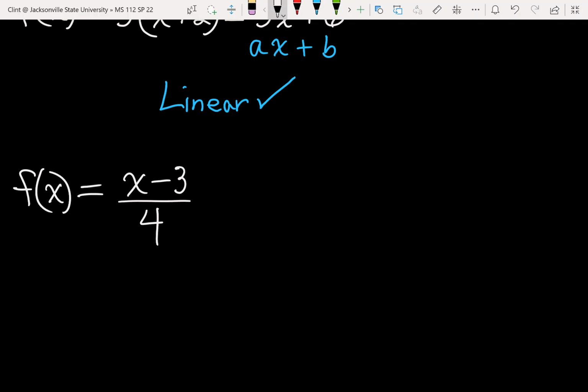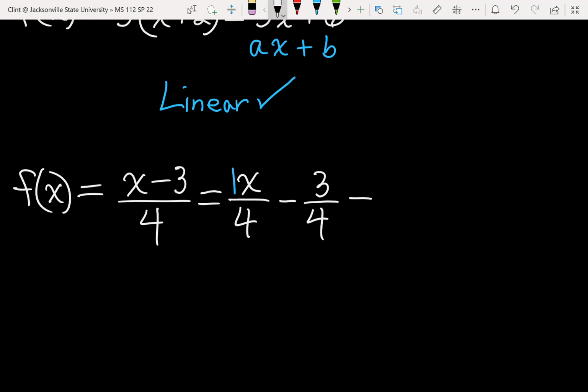This is just like the reverse of getting a common denominator. Since x minus 3 is over 4, we can write that as x over 4 minus 3 over 4. That's okay, you just put both over the denominator. And then that's almost there. This is a 1x.